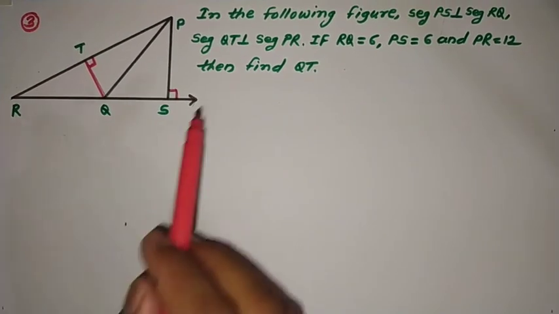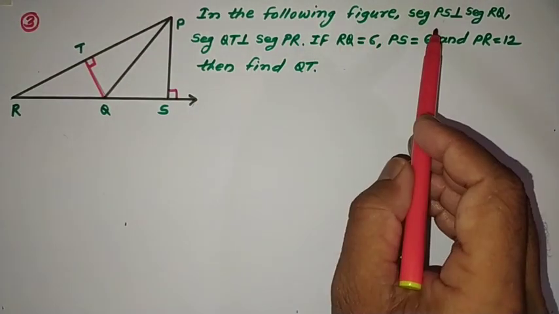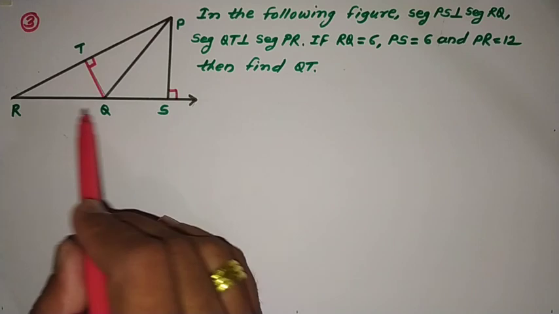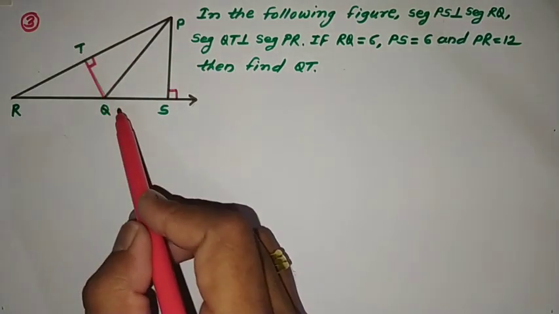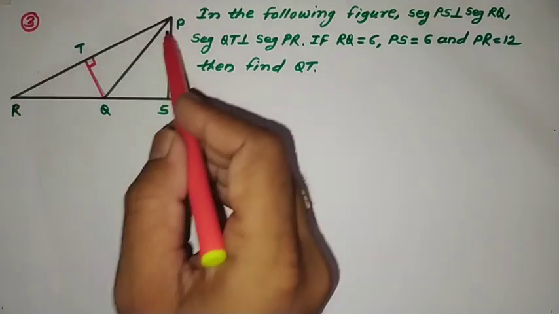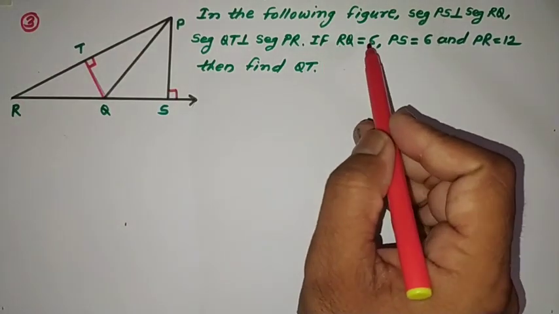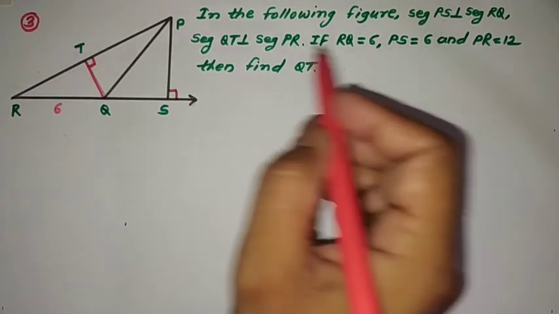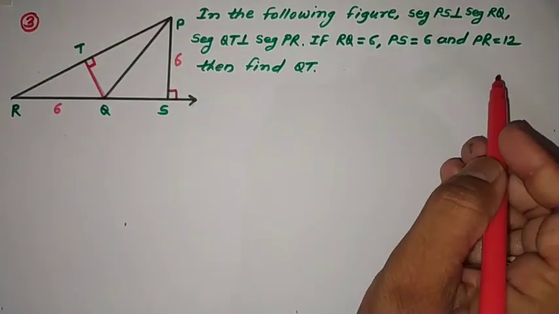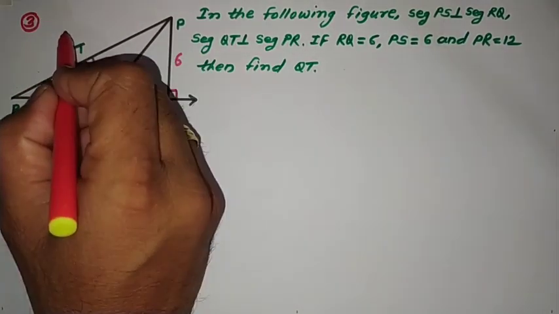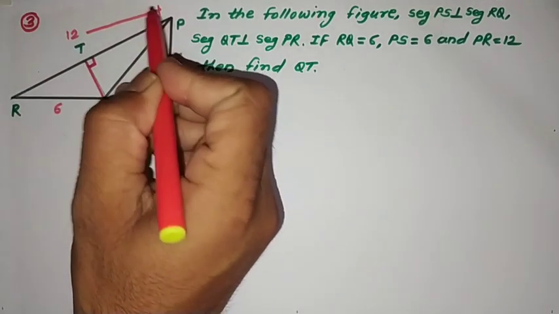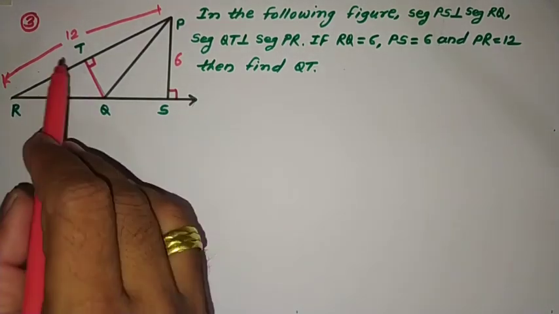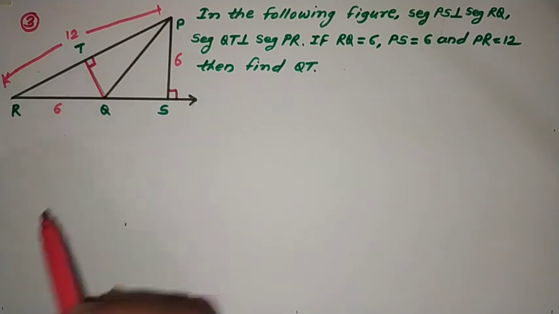Example number 3. In the following figure, segment PS is perpendicular to segment RQ and segment QT is perpendicular to segment PR. If RQ is 6, PS is 6 and PR is equal to 12, then find the value of QT.